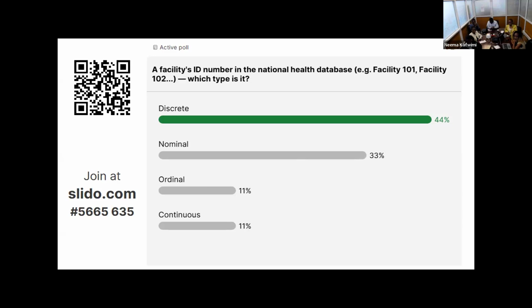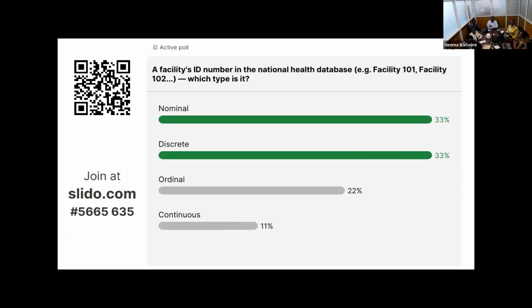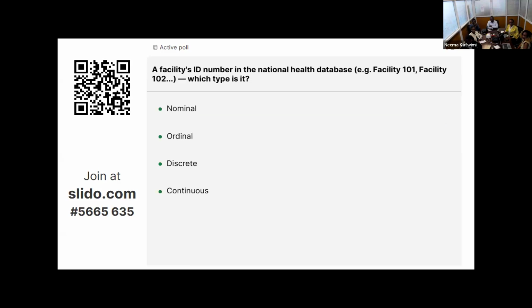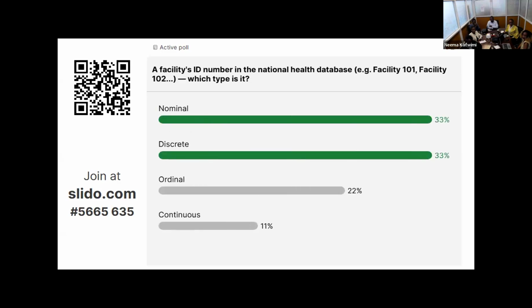Can I know who said discrete and who said nominal so that we can discuss this? You can just talk through the responses. Okay, can someone volunteer to say why they chose nominal? And the one who said discrete.